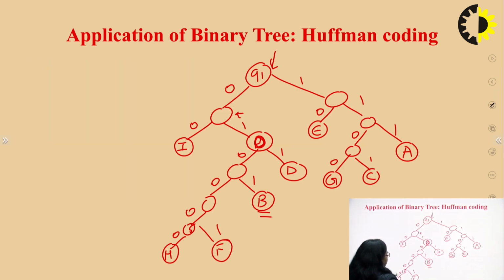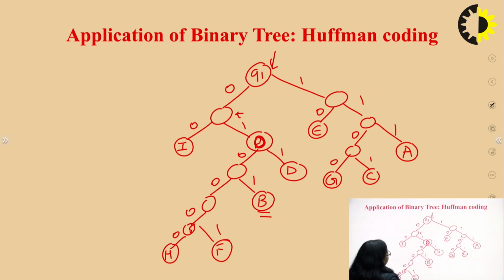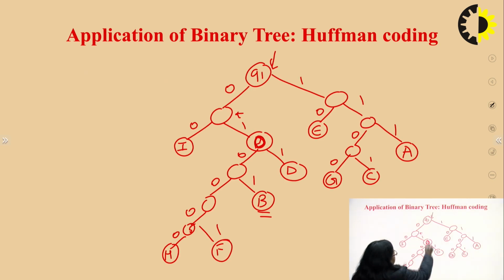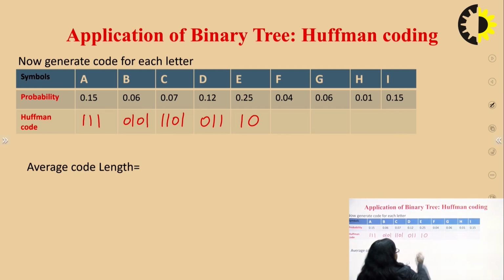Then for letter C, where is C? Here. So we write 1, 1, 0, 1, right? Then we write about D. When I am talking about D, 0, 1, 1, right? Then we write about E: 1, 0, 1, 0.